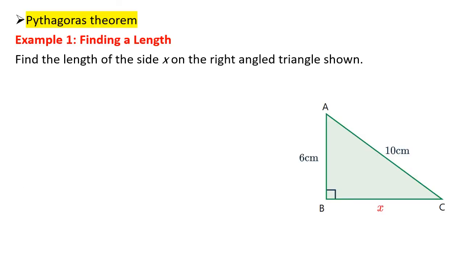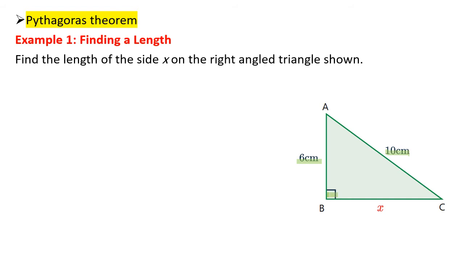A small example on Pythagoras theorem: we are going to find the length of the side BC. As given, we have two sides whose measures we know. AB is equal to 6 centimeters and AC is equal to 10 centimeters. This triangle is a right triangle, as we see.